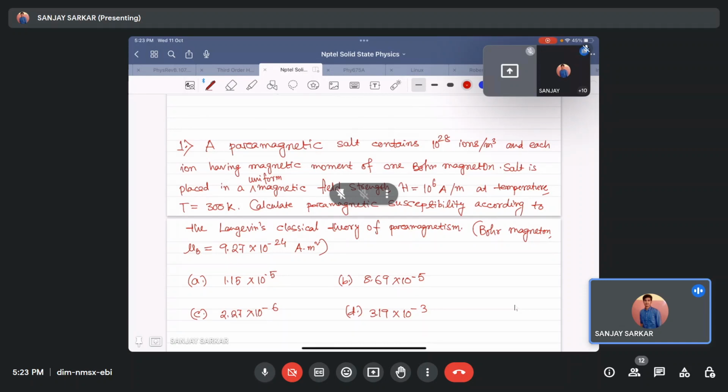Bohr magneton is also given, mu b equal to 9.27 into 10 to the power minus 24 ampere meter square. So with this information, can you calculate the paramagnetic susceptibility using Langevin's classical theory, not the quantum theory? So can you calculate this?